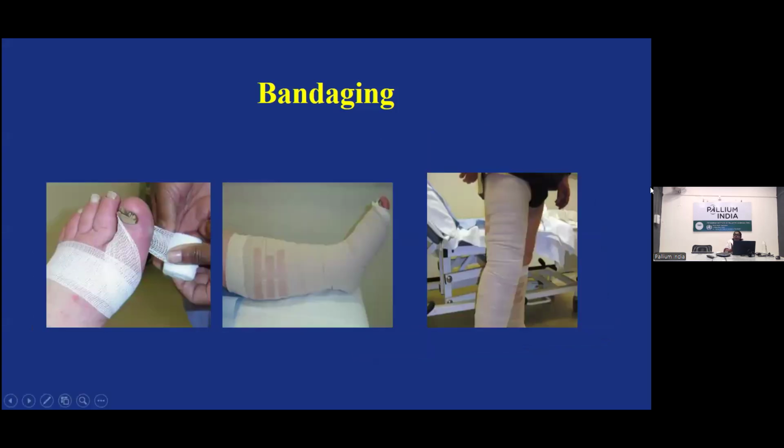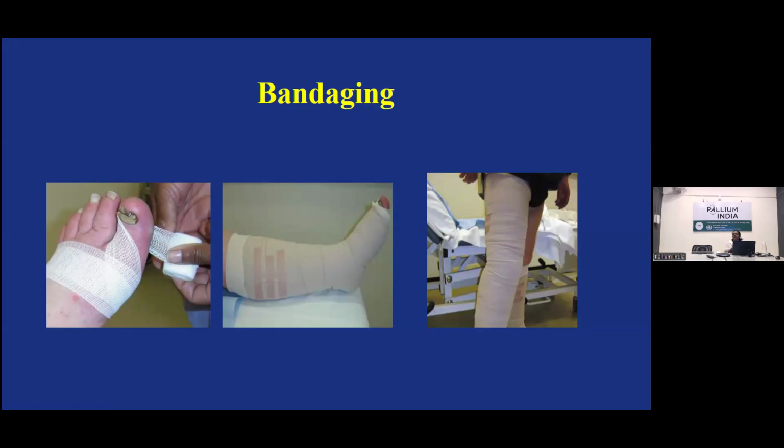And for upper limbs and lower limbs also, you have to give bandages the same way. Before applying crepe bandages, you have to give cotton bandages for protecting the skin.